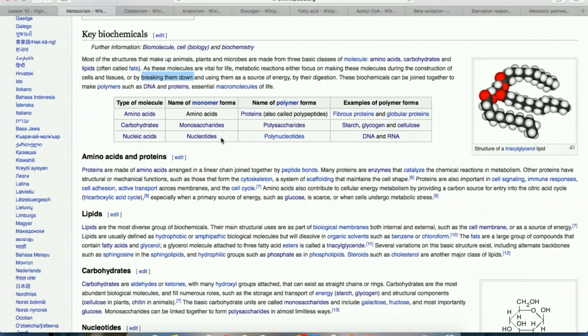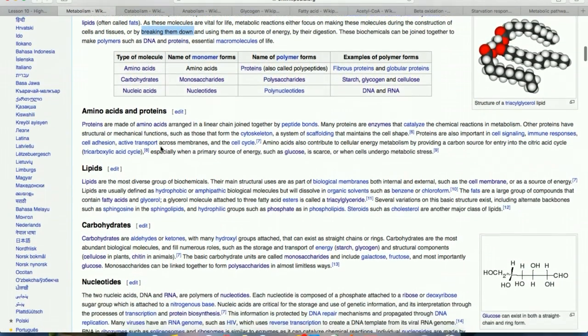And DNA and RNA. So from here I take that metabolism is the building up of these different types of polymers and molecules using the different building blocks.